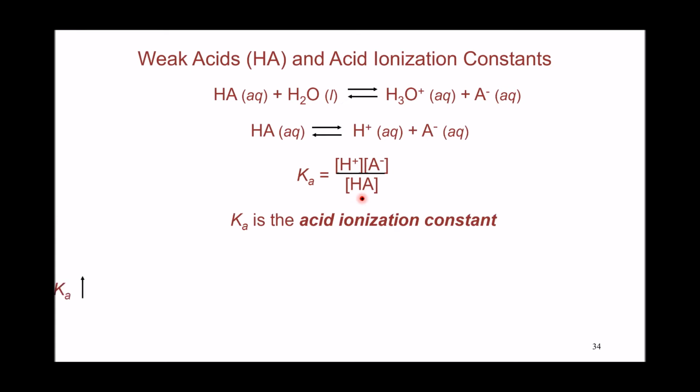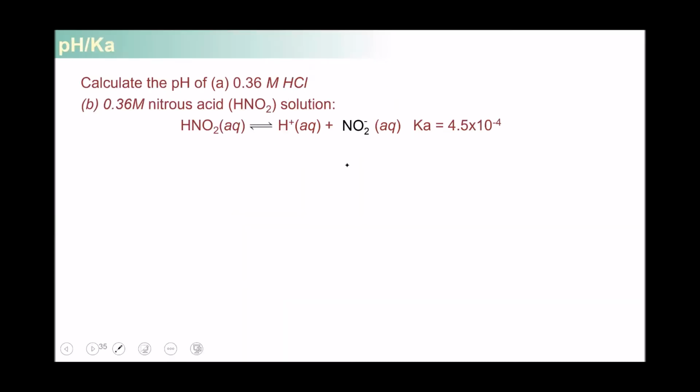A higher ionization constant for an acid means that you have more ions than molecules of the acid, which means you have more hydrogen ions in solution, and the more hydrogen ions you have in solution, the stronger the acid will be.